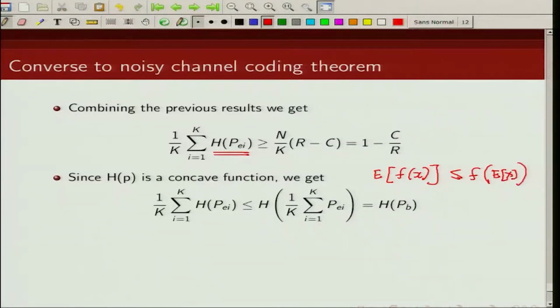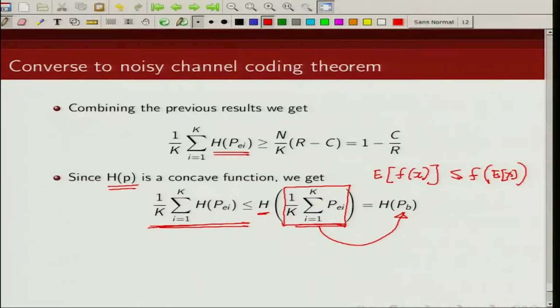So since this binary entropy function is concave, the expected value of the function, which here is a binary entropy function, should be less than or equal to the function evaluated at the expected value. And what is this term? This term is nothing but the average bit error probability.